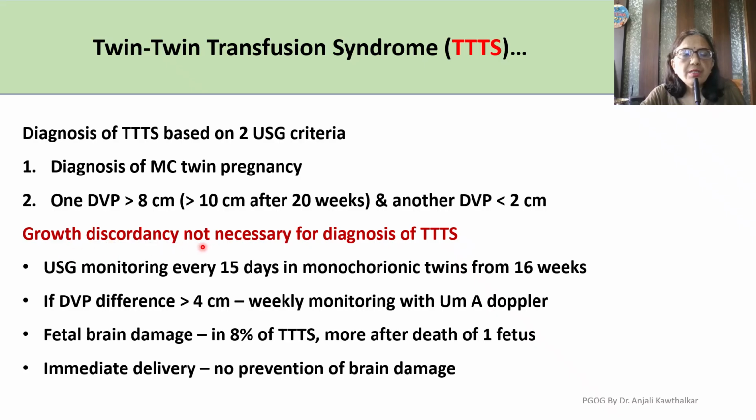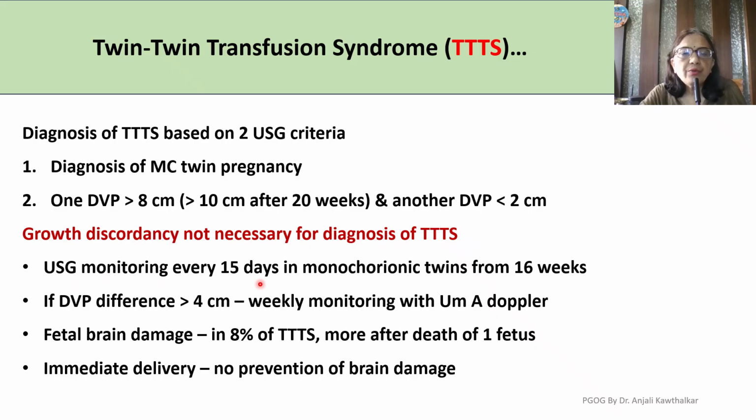Growth discordancy is not necessary for diagnosis of twin to twin transfusion syndrome, this is the most important concept. I want all of you to understand that growth discordancy is not necessary to diagnose twin to twin transfusion syndrome. What is important is discrepancy in the amount of amniotic fluid.